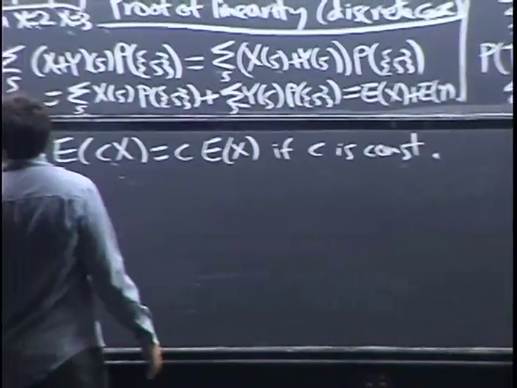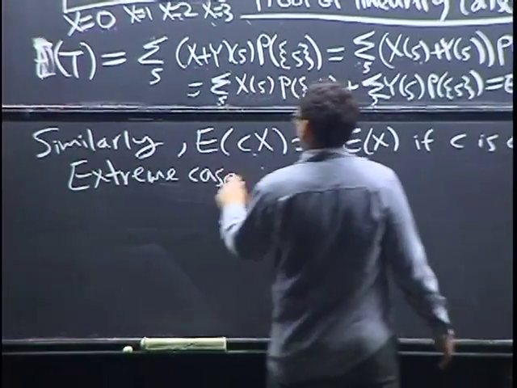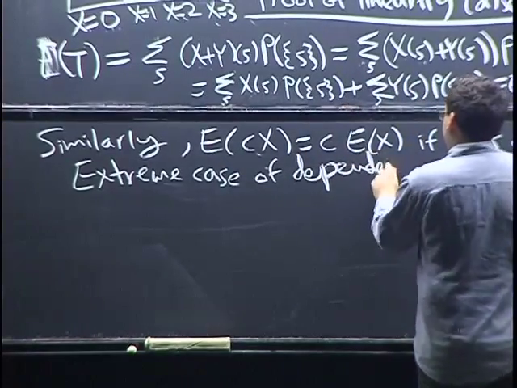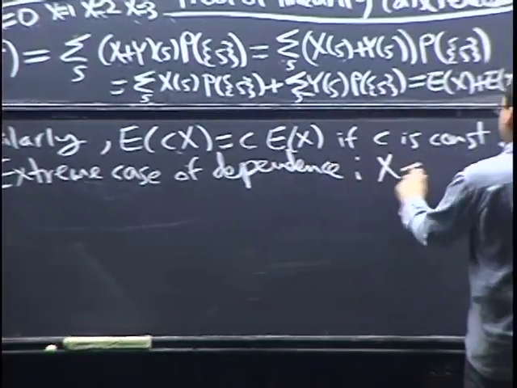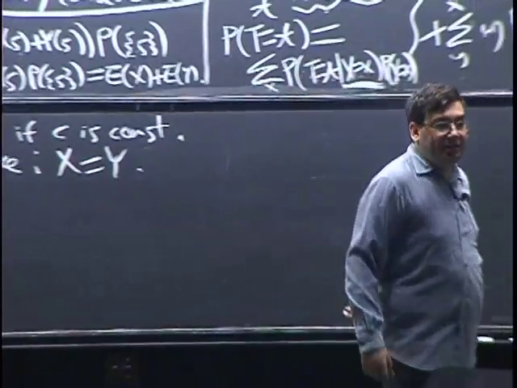So here's an extreme case of dependence. What if X equals Y? That's as dependent as they can get, right? They're the same thing.